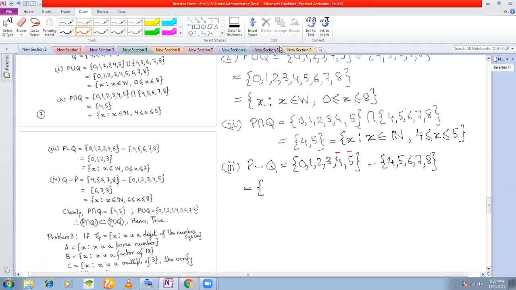So these two elements we remove. So only we are left with 0, 1, 2, 3. Right? Yes, sir. Because we need to write in set builder form, we'll write this as x such that, because it starts from 0, we can take x belongs to W, and we can write 0 less than or equal to x less than or equal to 3. Clear with this?